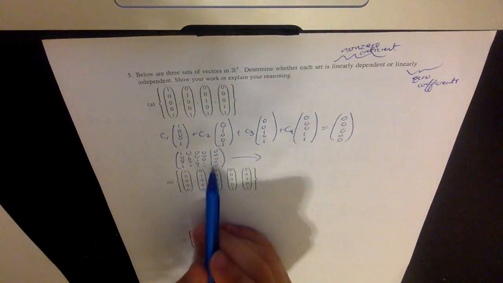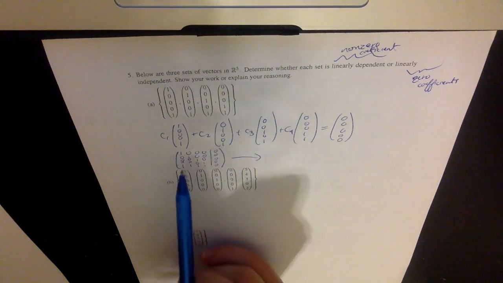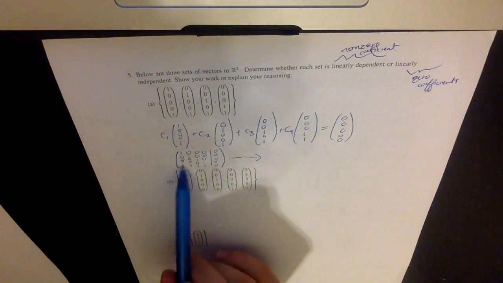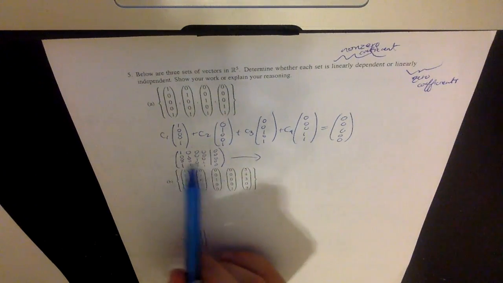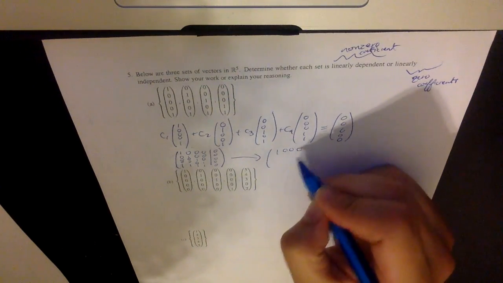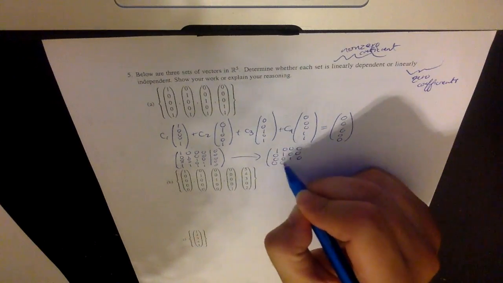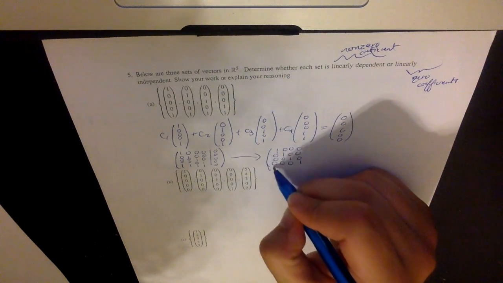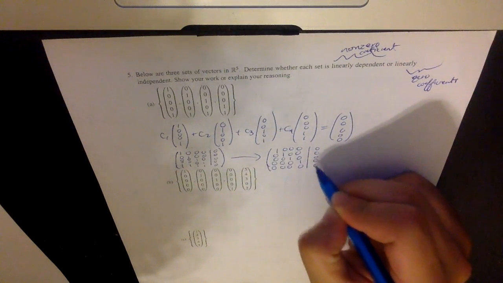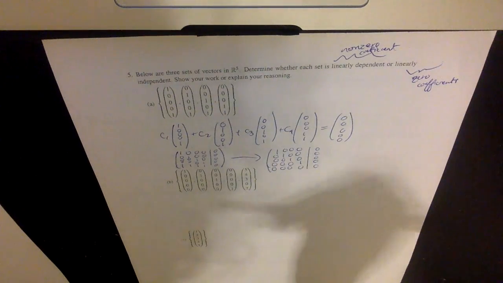So notice if we take row 5 and we subtract row 1 and row 2 and row 3 and row 4, we get rid of all of these entries right here. So what we end up with is 1, okay, so I took row 5 and I subtracted row 1 and row 2 and row 3 and row 4.